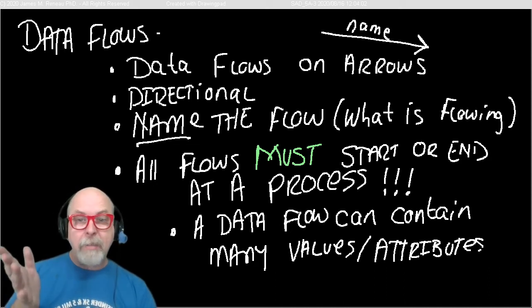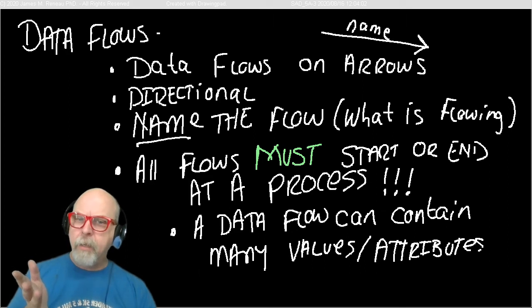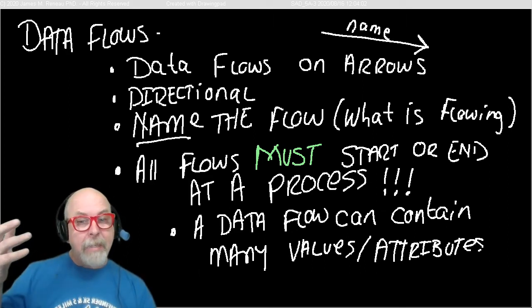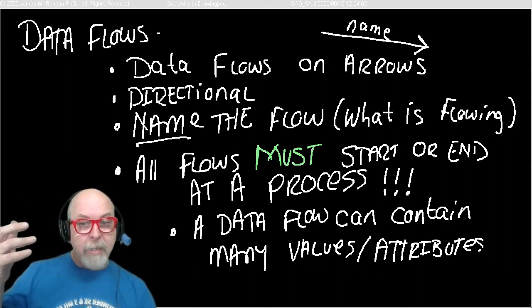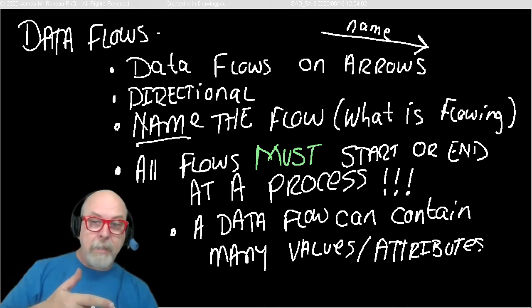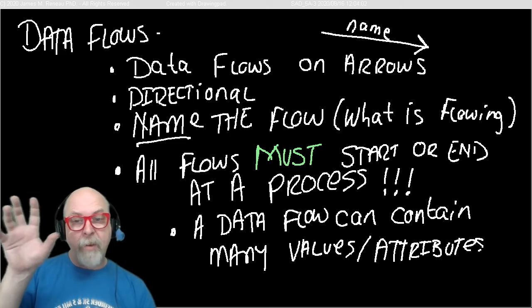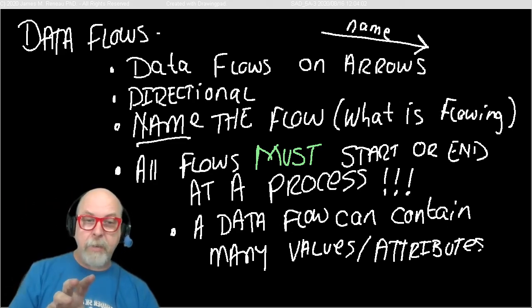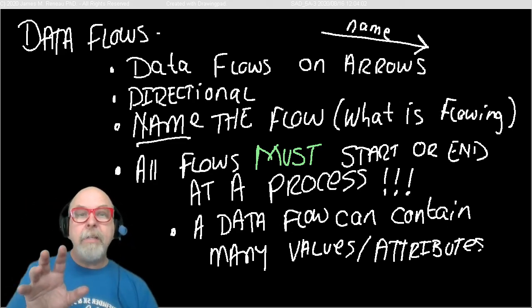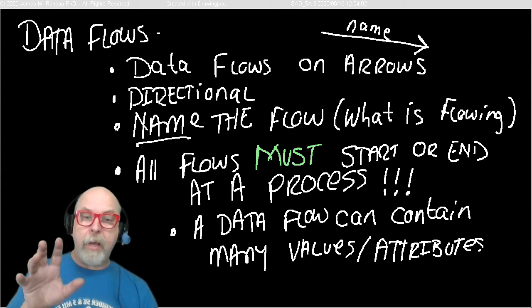It takes a process to move the data, right? An entity cannot put the data directly into a data store. There needs to be a process that takes the data from the entity and puts it into a data store. So data must start or end in a process.